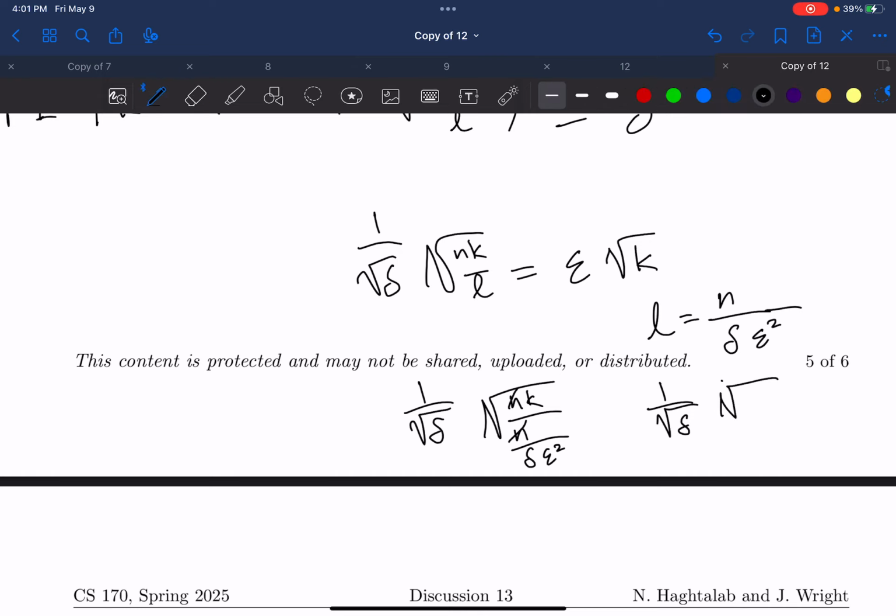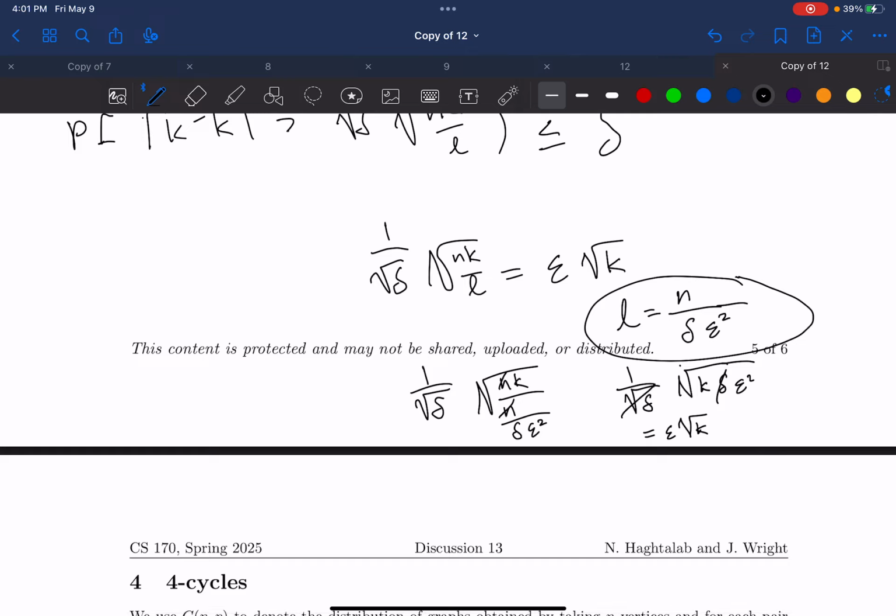Actually, this becomes square root of k times this, right? And we can tell then from here that these two are going to cancel out, and that's going to become square root k, and then epsilon. And that's going to be equal. So we're going to pick our L to be this value in order to achieve our probability.